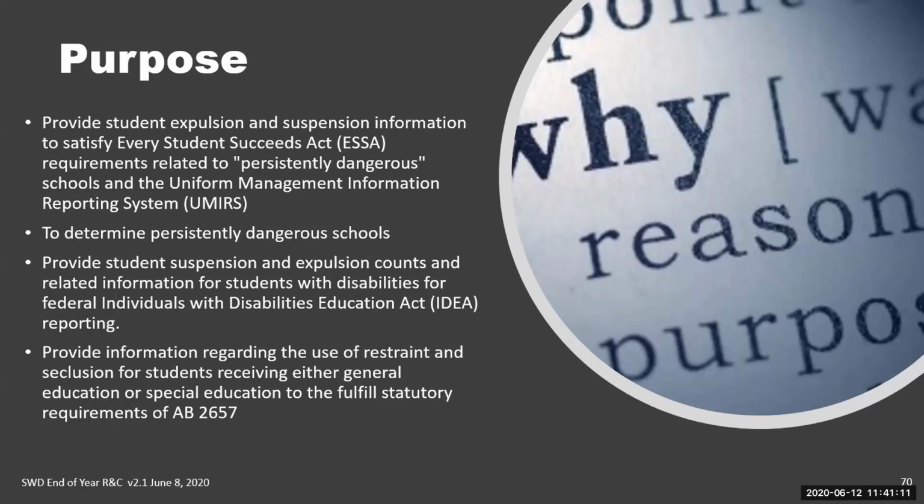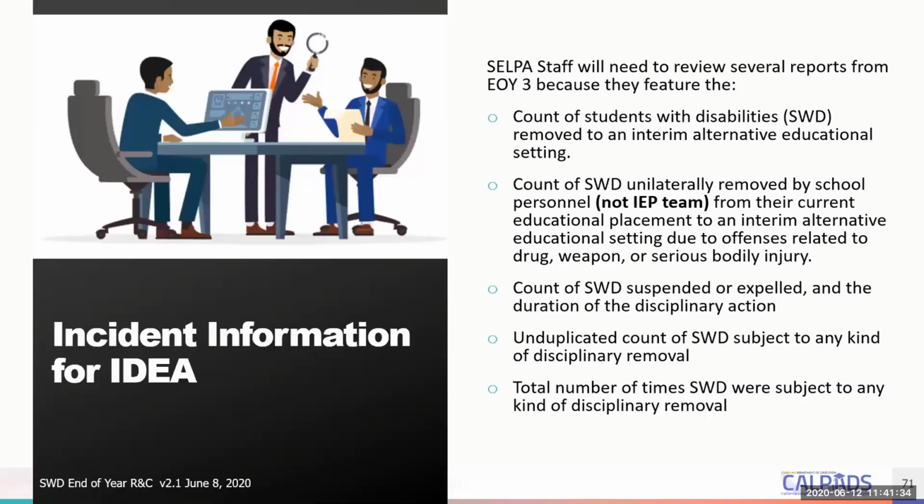Again, it's needed for IDEA for those students with disabilities, but also those counts are needed for accountability when you're looking at suspension or expulsion rates. And then we also need information regarding the use of restraints and seclusion for students with disability or general education to fulfill the statutory requirements of AB 2657. So those are the legislative reasons that we need this information.